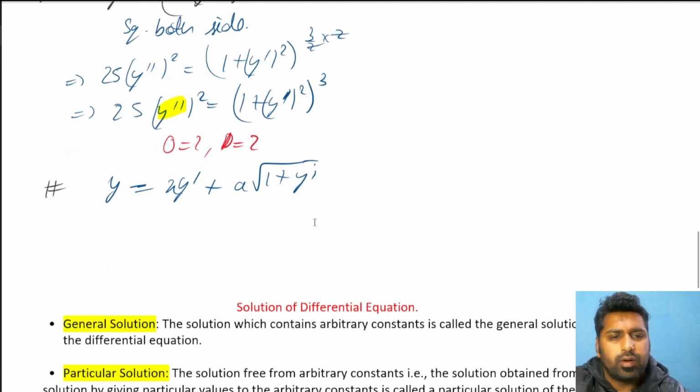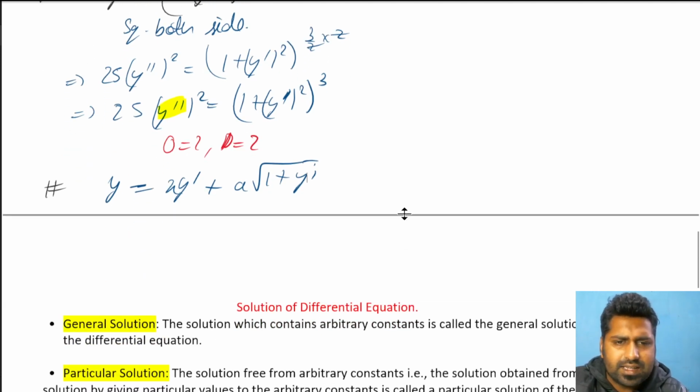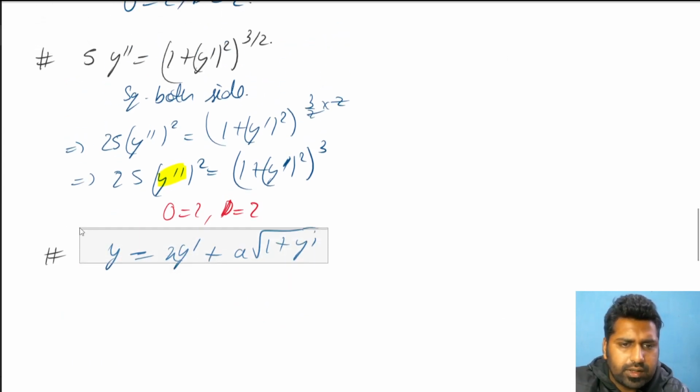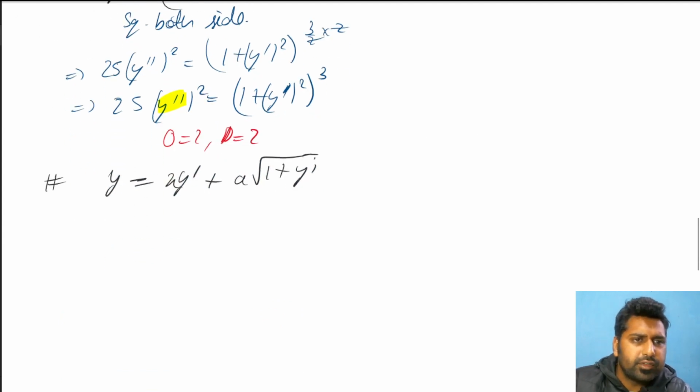Okay, clearly order, highest order derivative in all is y dash, that's 1, so that's not a problem. But you have to think for the degree. The degree is the confusing part.